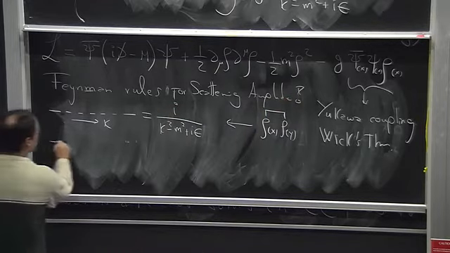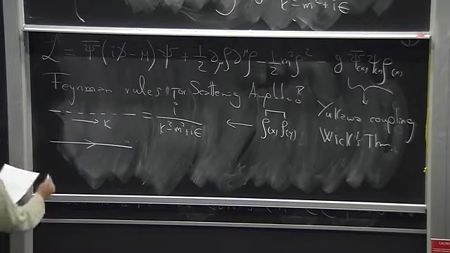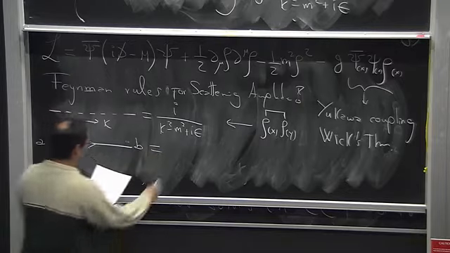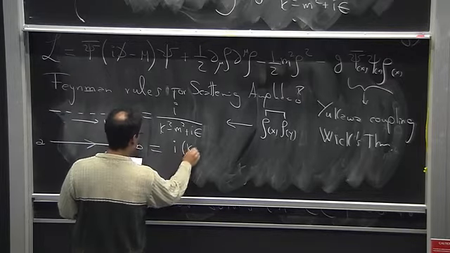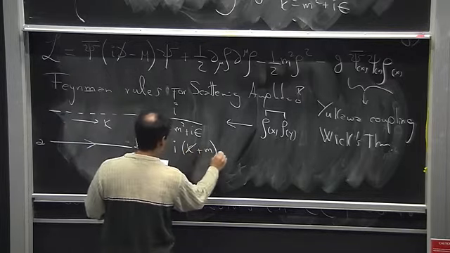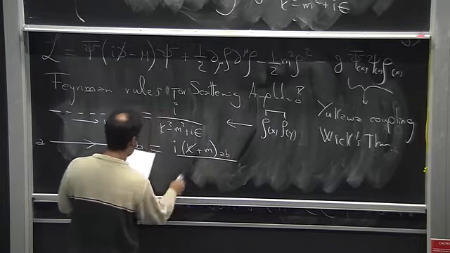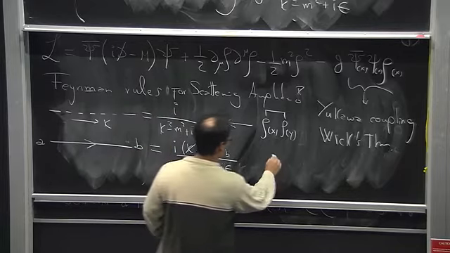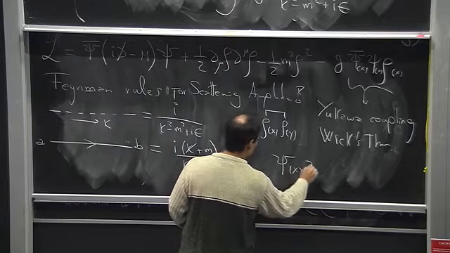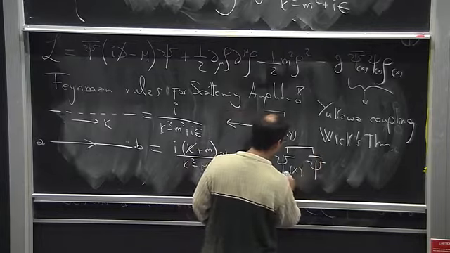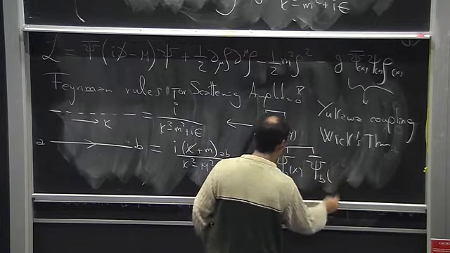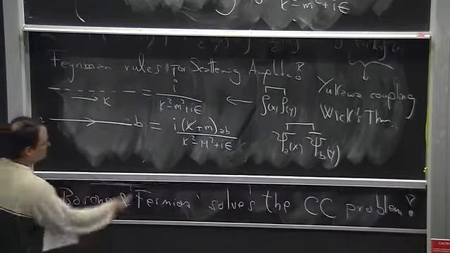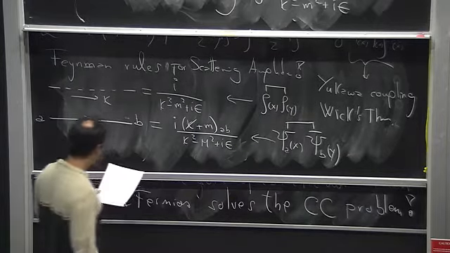So now we have the propagator for our nucleons, and these ones represent these contractions, or came from these contractions, but now in momentum space.